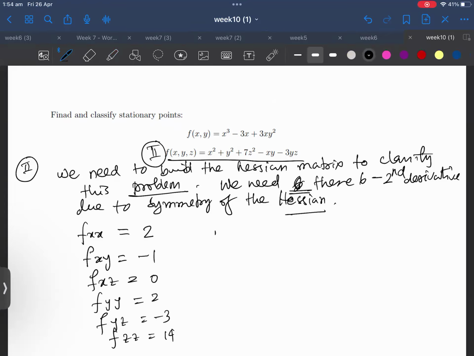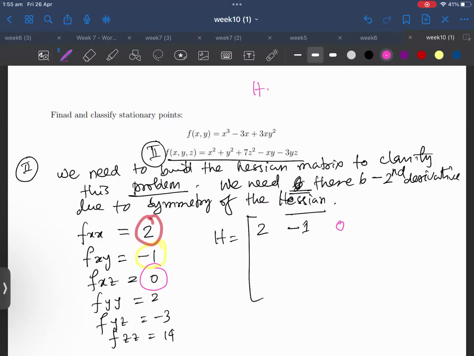So H equal to, first entry is 2, second is -1, and third is 0.